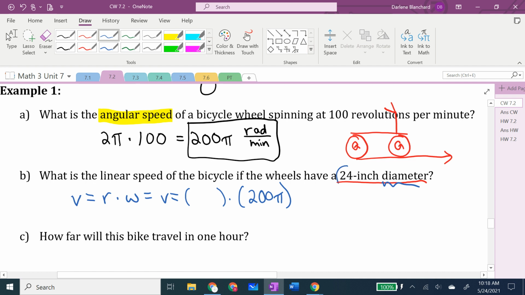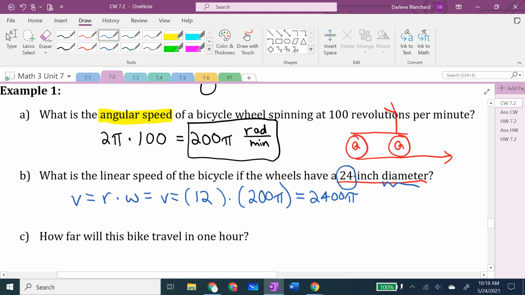The diameter is 24 inches. So what is the radius? 12. And so now you can leave pi in the answer, or you can write it in decimal form. That's going to give us 2400 pi.